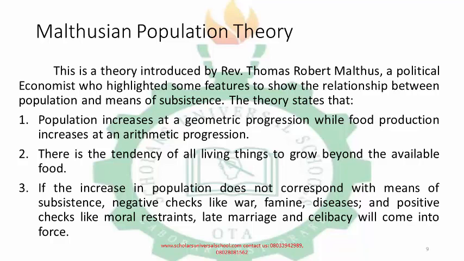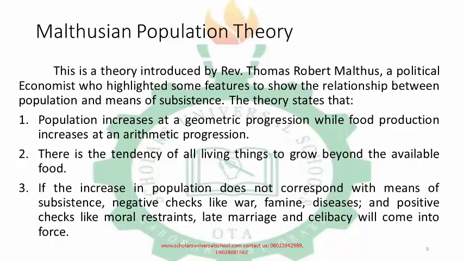Then he also introduced another check, which is called the negative check, where human beings themselves try to limit the rate of increase in the population. The first one is using moral restraints, encouraging late marriage and celibacy.